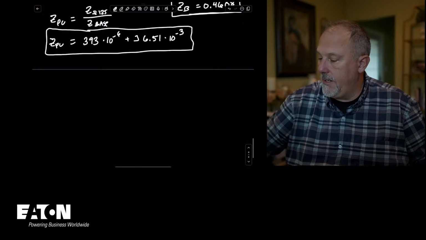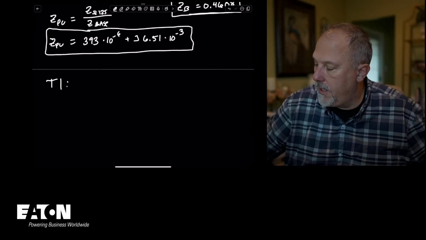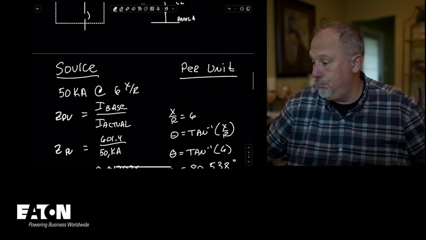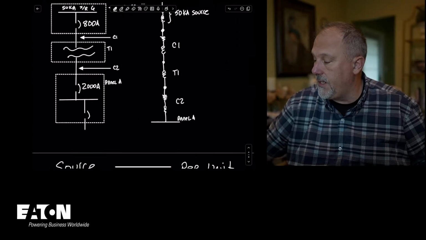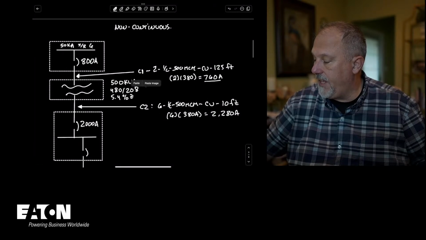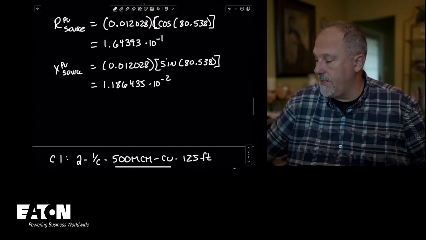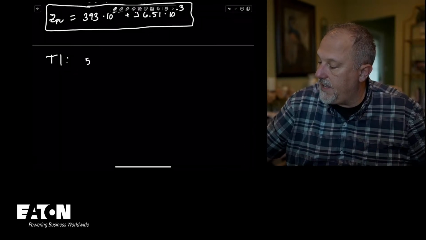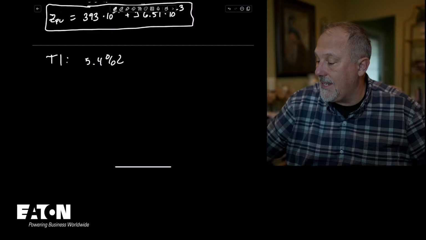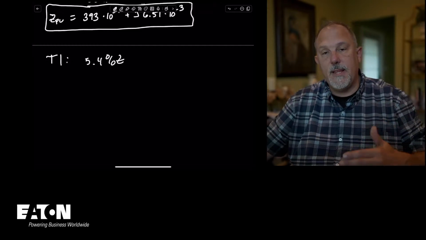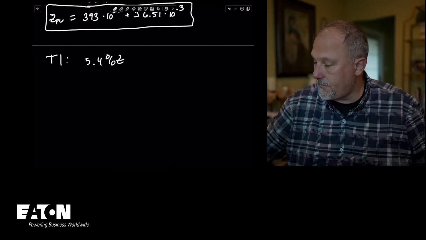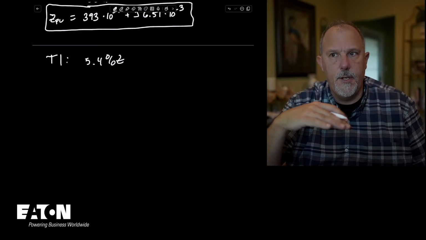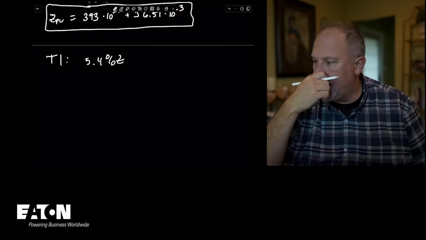All right. That's C1. T1. T1 is my transformer. What's my transformer? T1 is my 500 kVA, 5.4% impedance. So T1 is 5.4% Z. I'm going to multiply that by 110% because to get my lowest available fault current, I add the 10%.